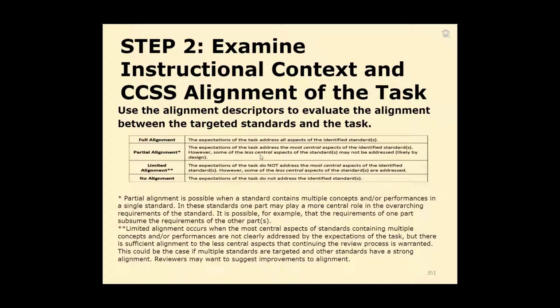However, some of the less critical aspects of the standards may not be addressed, likely by design. And limited alignment, the expectations of the task do not address the most central aspects of the identified standards. However, some of the less central aspects of the standards are addressed. And finally, the last one is no alignment.